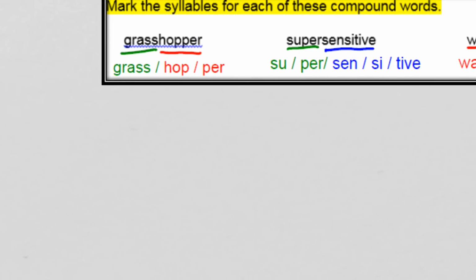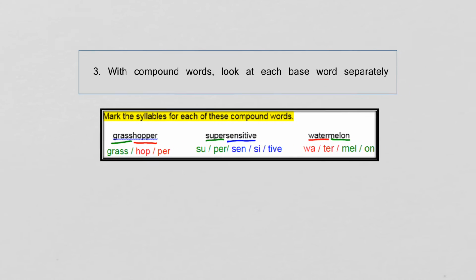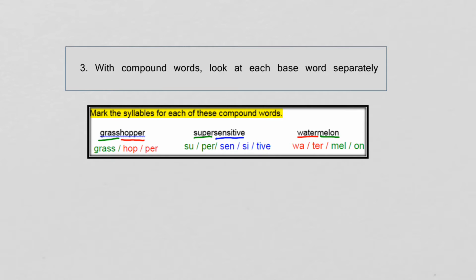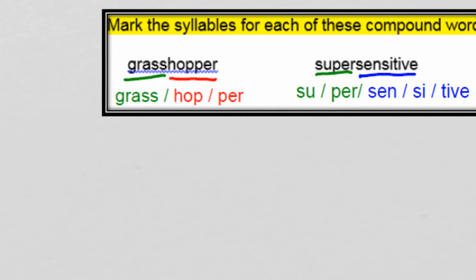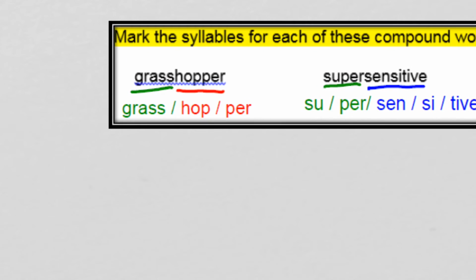So when you are looking at the syllables in compound words, you need to look at each base word separately. If we look at the word grasshopper here, grasshopper is one word. But you notice we've got the word grass in there and we have the word hopper.